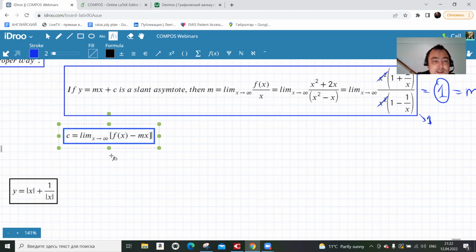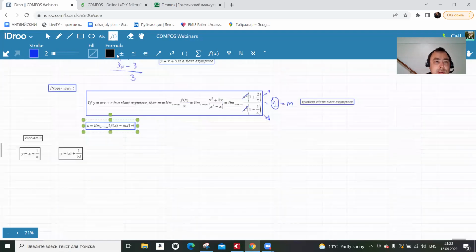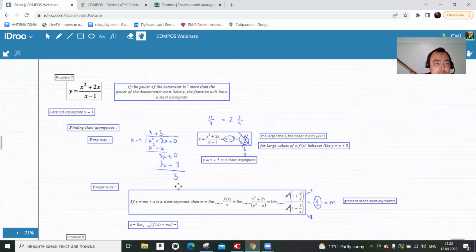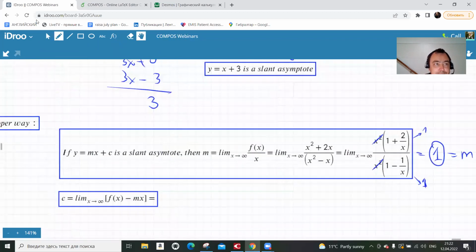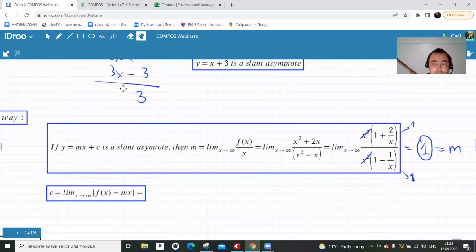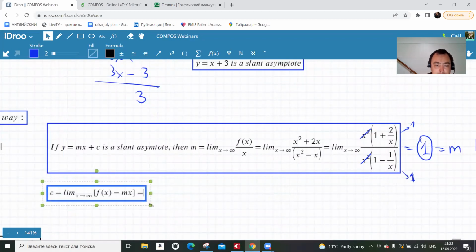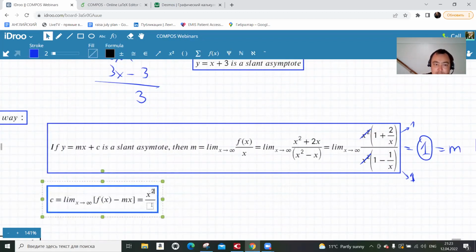Yes, limit of this. So f of x minus mx. We found m, which is 1. So it's going to be x squared plus 2x over x minus 1 minus mx. m is 1, so minus x. Don't forget the limit.